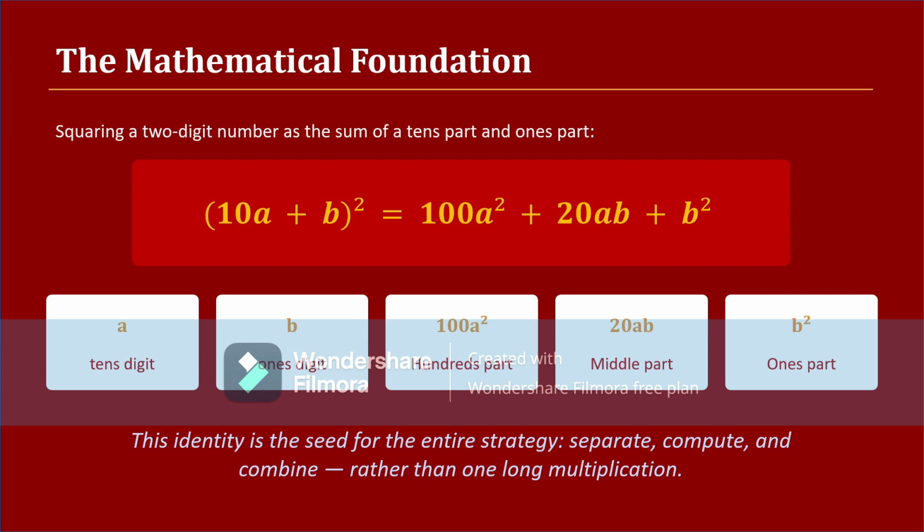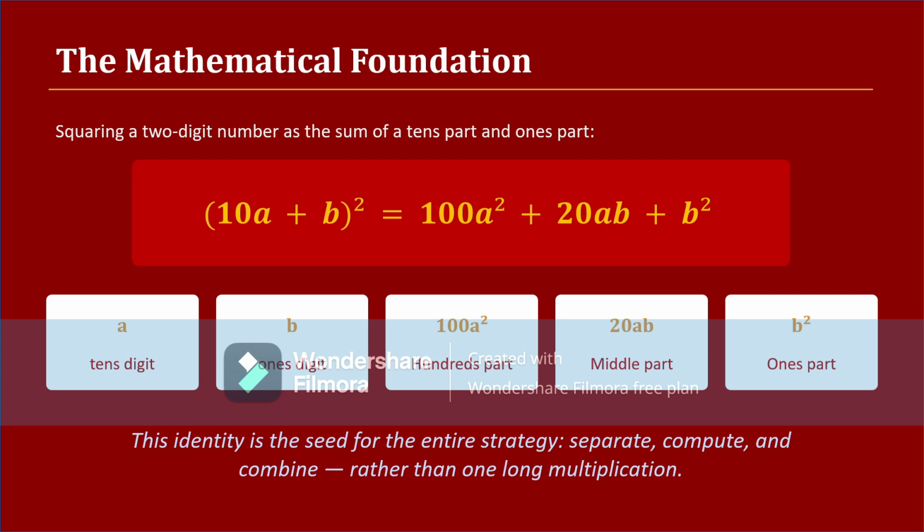If we find the square of a two-digit number, we have the tens digit and the ones digit, the hundreds part, the middle part, and the ones part.